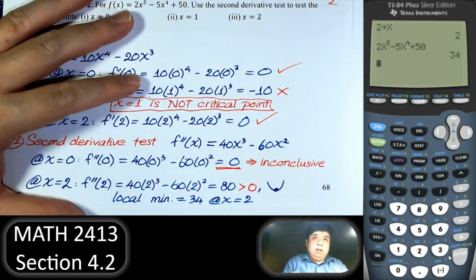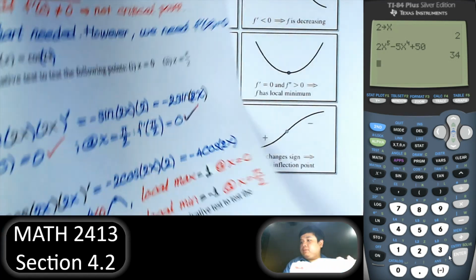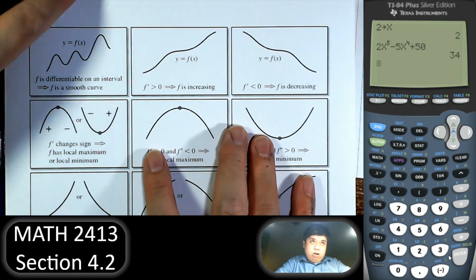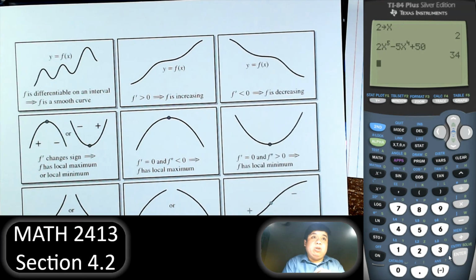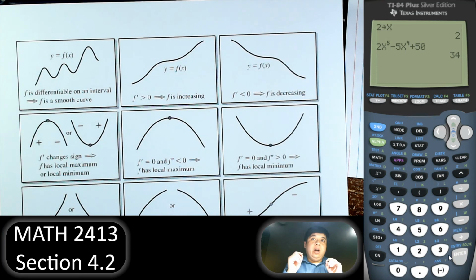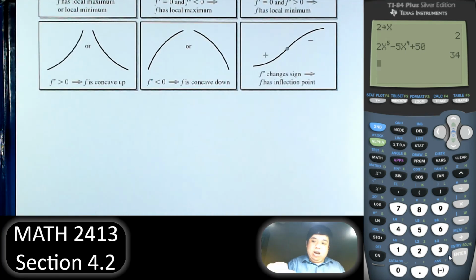So that is the second derivative test. Now, to summarize, everything is in this chart. Essentially, this answers the first question in the title, what does the derivative tell us. So I will summarize this.